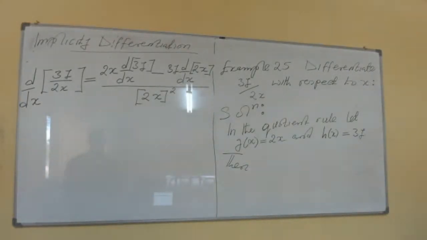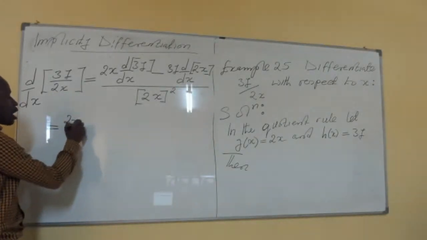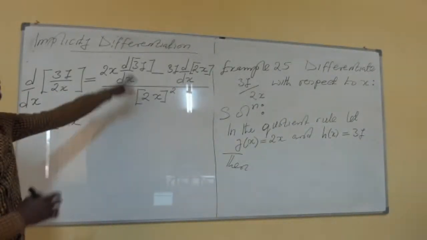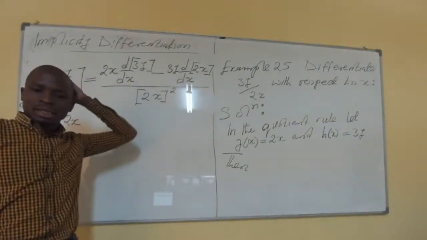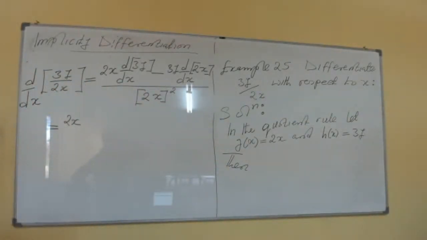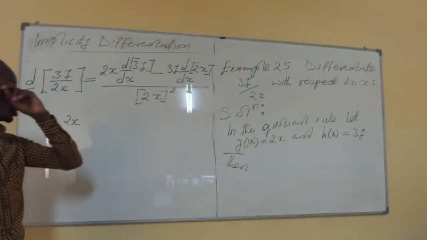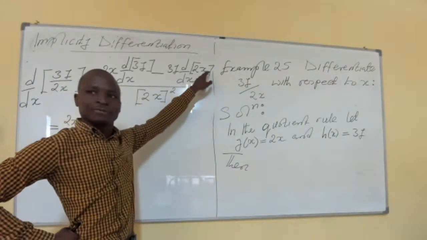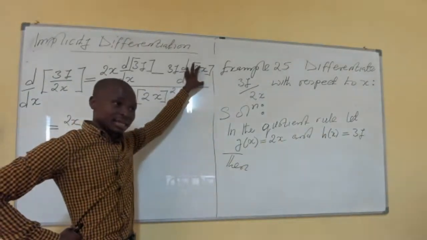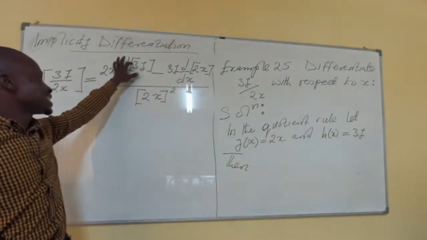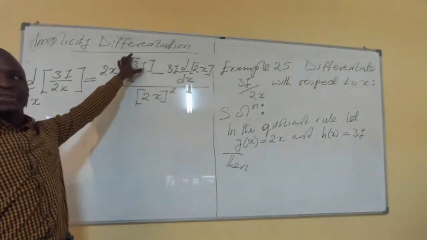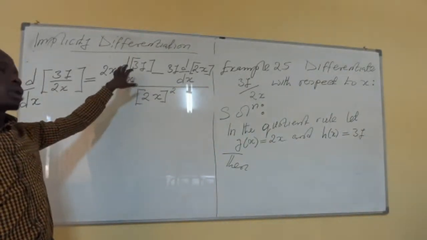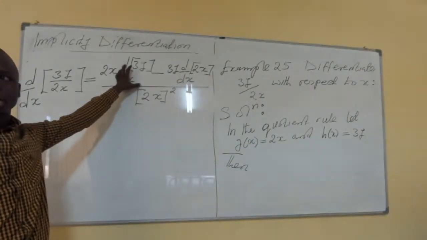So now, this is equal to 2x. Now, if you look at the derivative with respect to x of 3y, you can only handle that using implicit differentiation. Here, this is the derivative of 2x with respect to x, so this is a function of x and we don't need to apply implicit differentiation. But 3y is a function of y and we are differentiating it with respect to x, so we need to apply implicit differentiation.